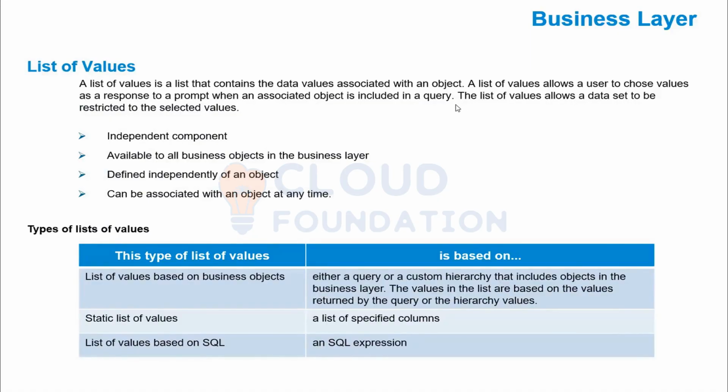As we mentioned already, if the year is associated with a list of values and we use it in the prompt filters, whenever the user refreshes the report, it will ask which years he wants to see. He can give around 2 to 3 years, then he will get the data for those 2 to 3 years only, which is very useful from a report performance point of view.